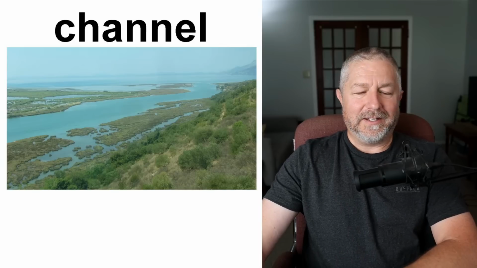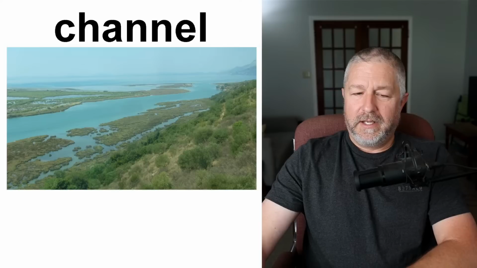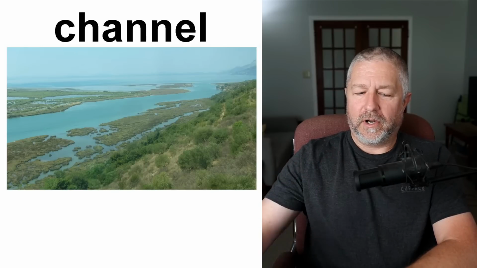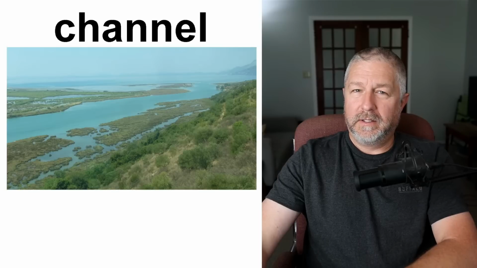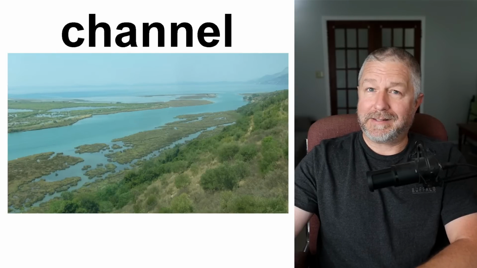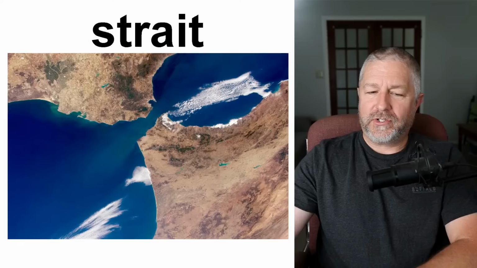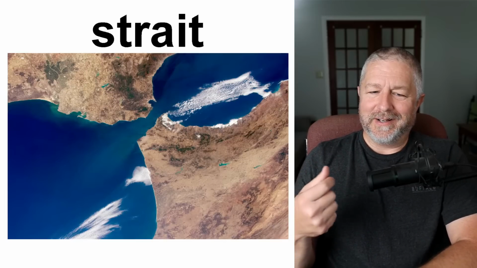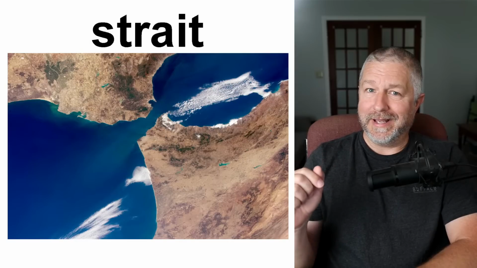My understanding is that a channel is water that connects two larger bodies of water between two land masses, and that a strait is water that connects two larger bodies of water between two land masses.